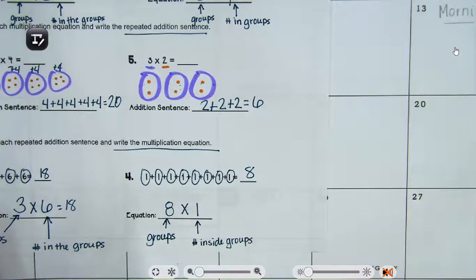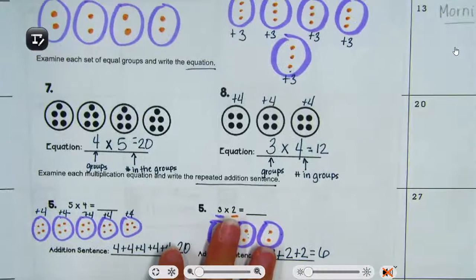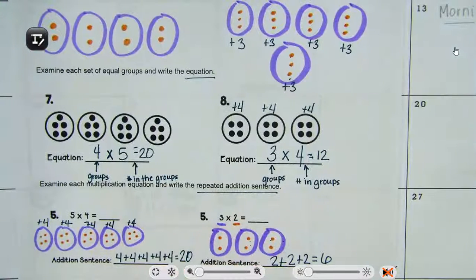Okay. All right, guys. With the multiplication that we're doing right now, we're not trying to memorize the multiplication facts. We are using models to help us find the total of equal groups. Okay? Find the total of what's in the equal groups.